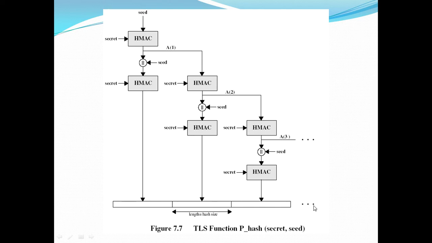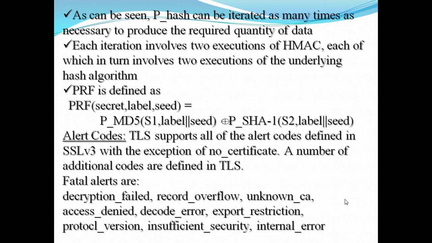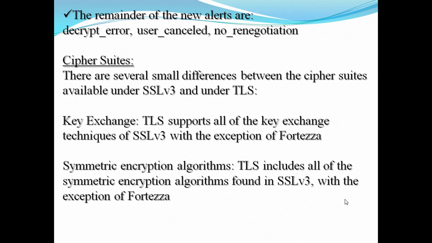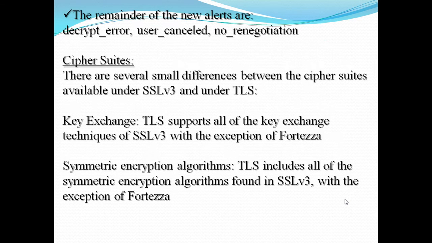Finally, for one payload, only one hash code will be generated. Similarly, here also alert codes and cipher suites are there. That is about TLS. Just for the sake of knowledge, just remember it.